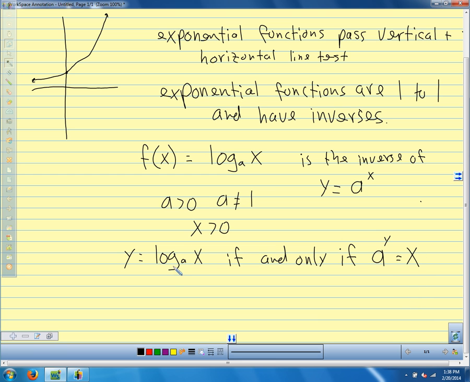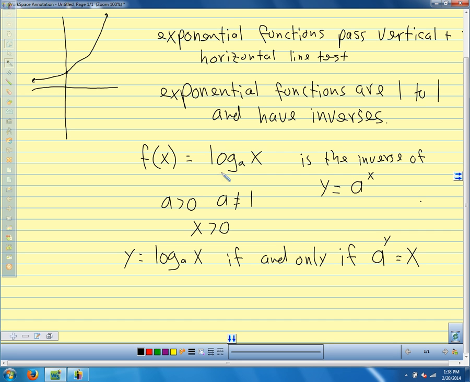These two equations mean exactly the same thing. Log to the base a of x is y is the same as saying a to the y power equals x. So that's another way you can think about the logarithmic function.